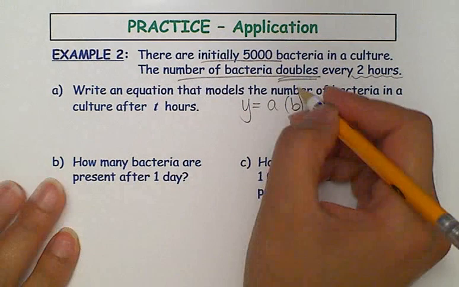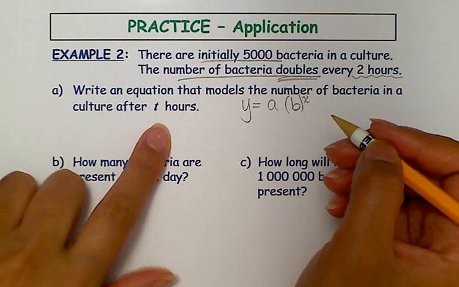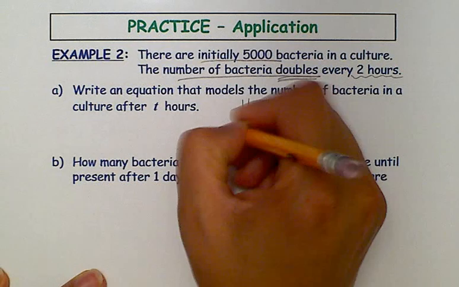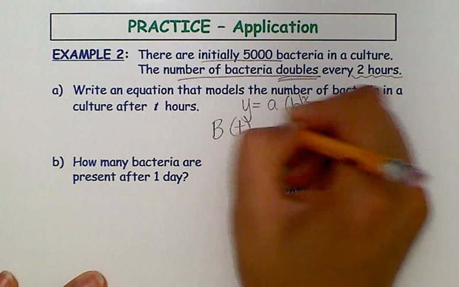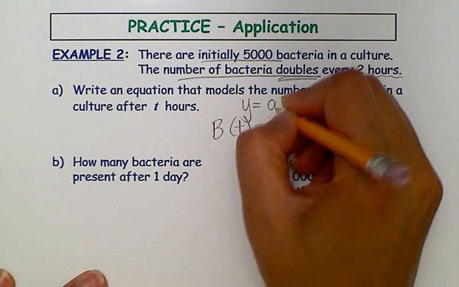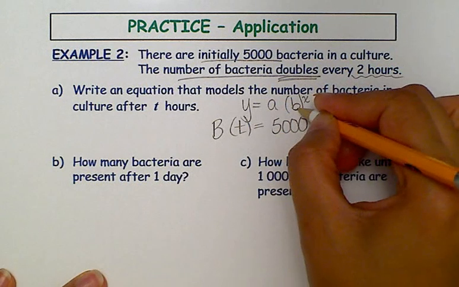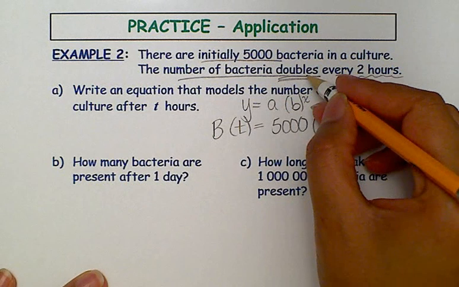And because my dependent variable is the number of bacteria, and my independent variable is the time in hours, I can write that B of t, so the bacteria over time, is equal to, a represents the initial quantity, so that's 5,000. b represents the growth or decay ratio, and in this case it's a growth ratio of 2 because it's doubling.